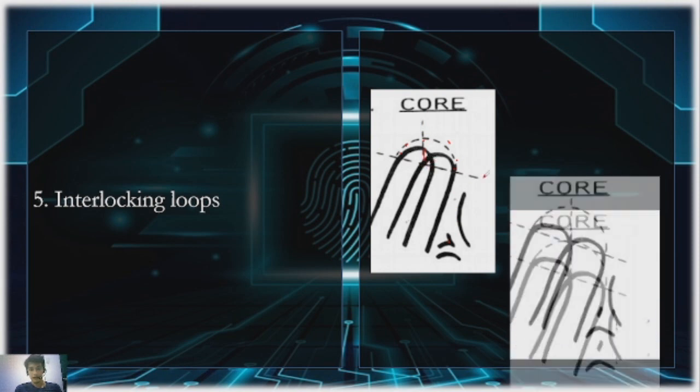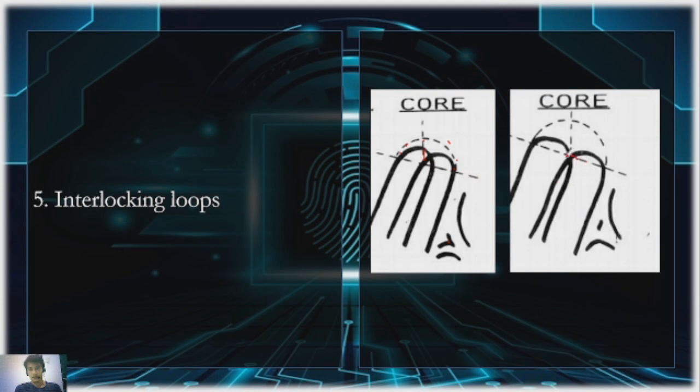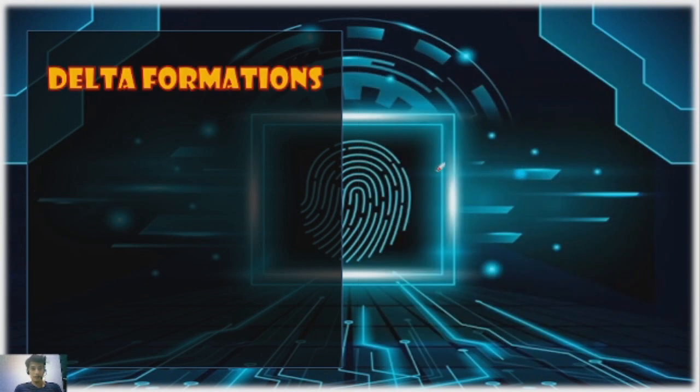Okay? And paano naman kapag tumama sa sentro? Then we are going to consider that as the core of the pattern. Okay? So that is how we are going to locate the core of interlocking loops.